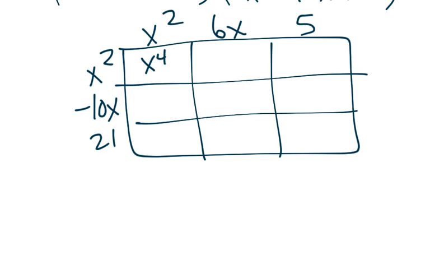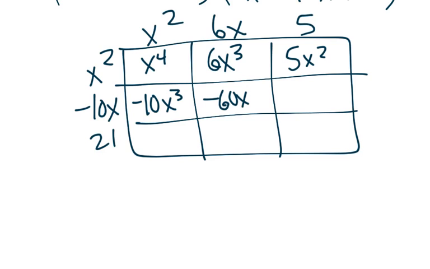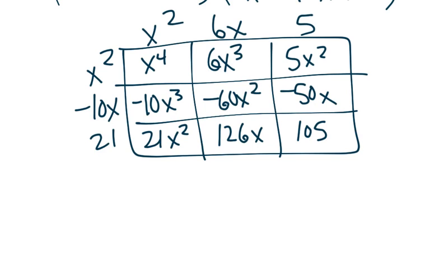So x to the 4th, which makes sense, it's the biggest because we have 4 roots. 6x cubed, 5x squared, negative 10x cubed, negative 60x squared, negative 50x, 21x squared, 126x, and 105. Okay, then combining like terms, x to the 4th, it's positive 6, negative 10, negative 4x cubed.